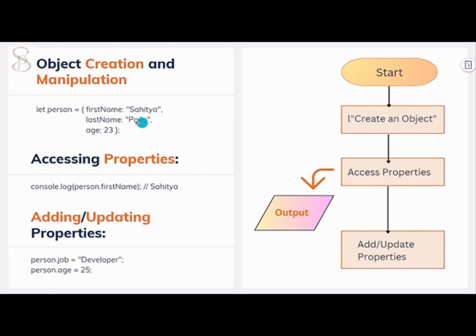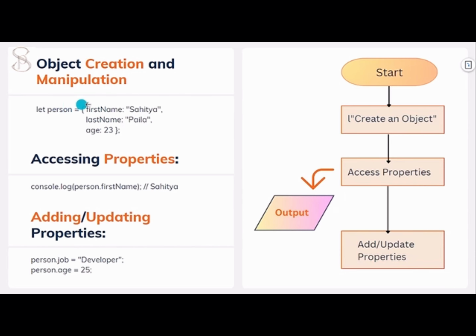This is the key and this is the value. If we want to access any key value pair, then we can check their properties through console.log person, meaning object name dot first name. So we are creating here an object which consists of these key value pairs.